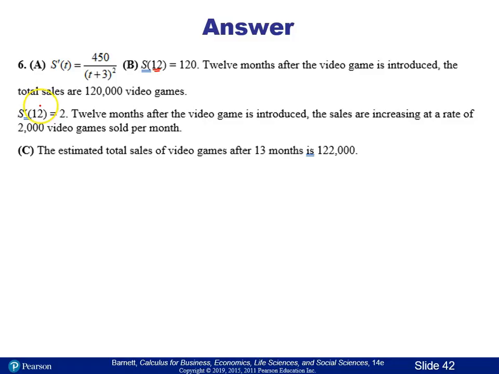Since it's positive, they're increasing. So 12 months after the game is introduced, because it's always relative to a specific time, the sales are increasing at a rate of 2, and again, that was in thousands for our units. So 2,000 video games per month because our time was measured in months.